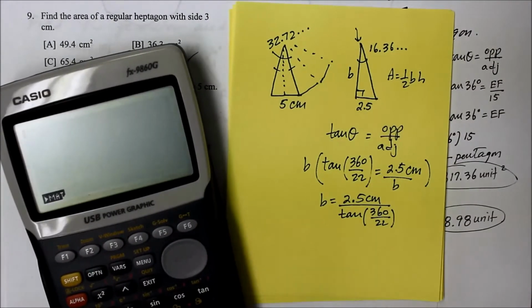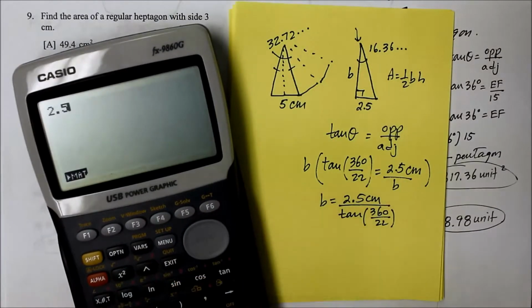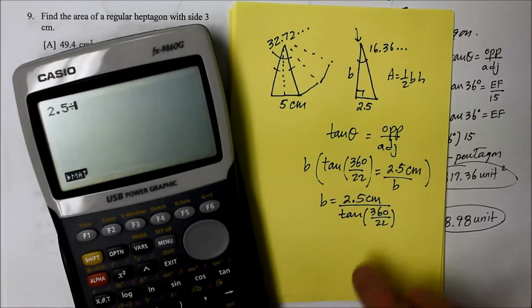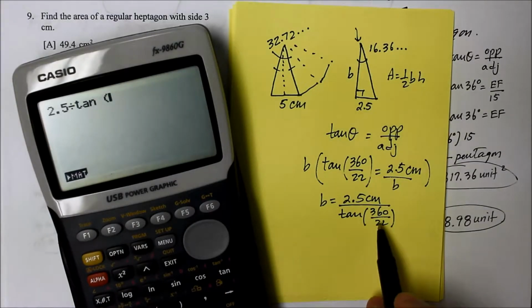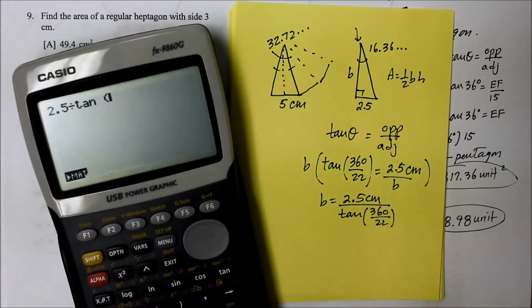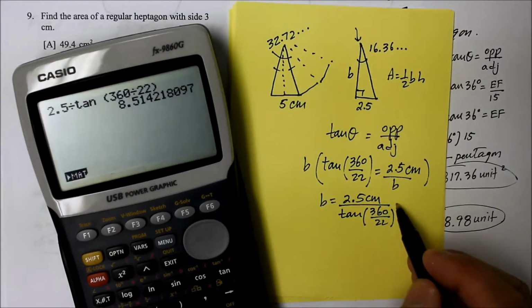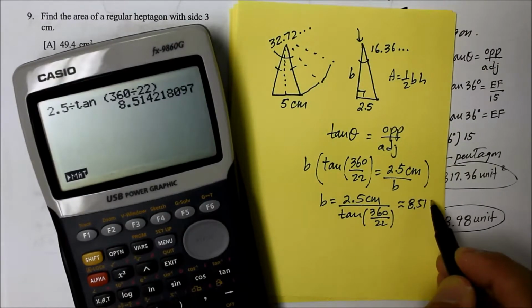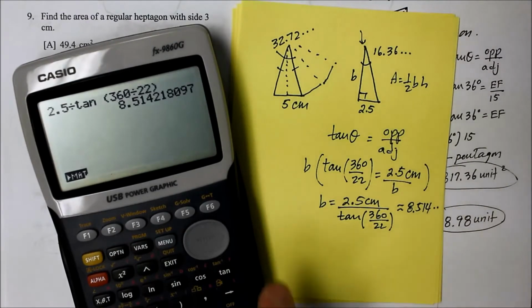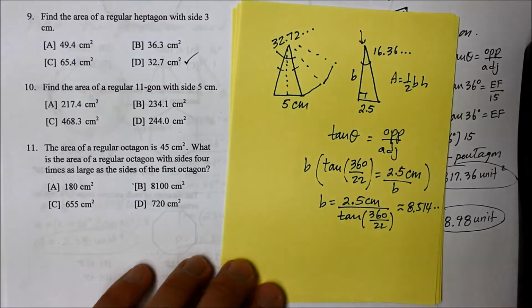I go 2.5 divided by tangent, and in open parentheses, because I want the quotient to be calculated separately, 360 divided by the 22 sub-angles. That's going to give me an approximate value of 8.5514, something like that. Now that's just the missing side.